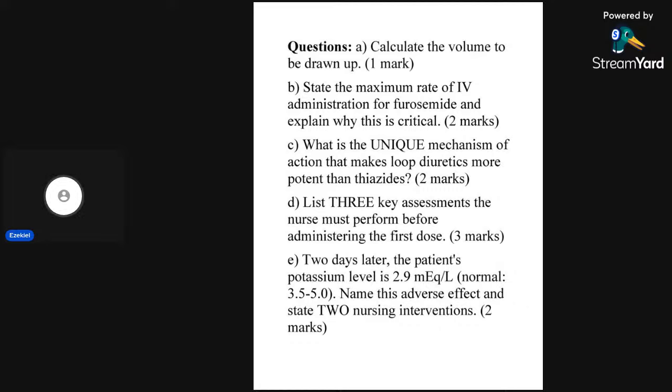So allergy: furosemide is also a sulfur drug, and therefore it comes with some peculiar allergy.